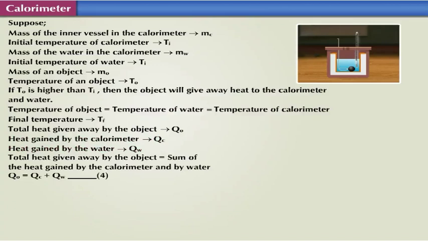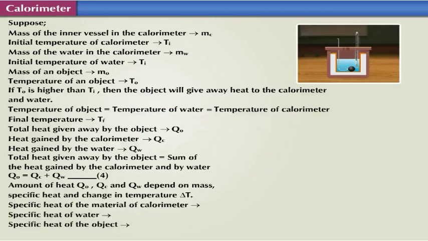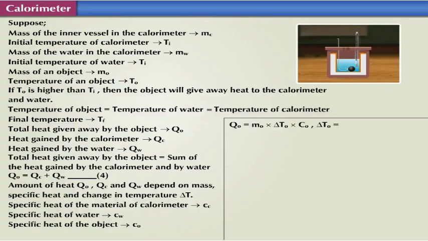We already know that amount of heat, that is Qo, Qc and Qw, depend on mass, specific heat and change in temperature, that is delta T. If the specific heat of the material of calorimeter, water and the object are Cc, Cw and Co respectively, we can write Qo is equal to Mo into delta To into Co, where delta To is equal to To minus Tf.